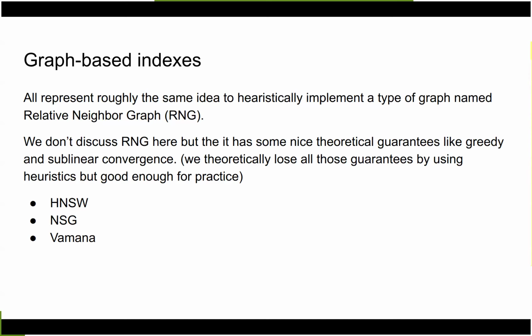And your graph should be very smart because, let's assume you create a fully connected graph. Whenever you're doing a search, let's assume you are starting from the root of the graph, from one node in the graph. If you are connected to all other nodes, you need to check all other nodes. So it regresses to brute force search.